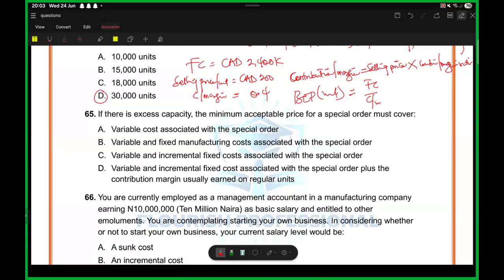B. Variable and fixed manufacturing costs associated with the special order. C. Variable and incremental fixed costs associated with the special order. D. Variable and incremental fixed costs associated with the special order, plus the contribution margin usually earned for regular units. So what's the answer? Can anyone try before we explain the possible answers?